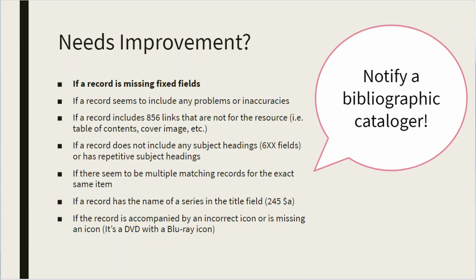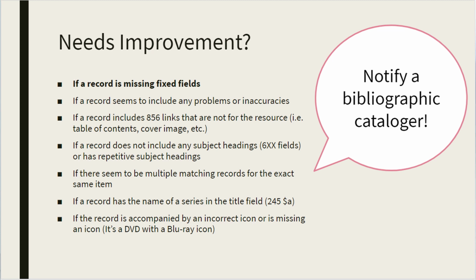If it's juvenile literature and nowhere does it say that it's juvenile, you probably need to send that to a bibliographic cataloger to fix those fixed fields. If the record seems to have any inaccuracies or problems, so say there aren't any 336, 337, 338 fields, that's generally not a good thing.